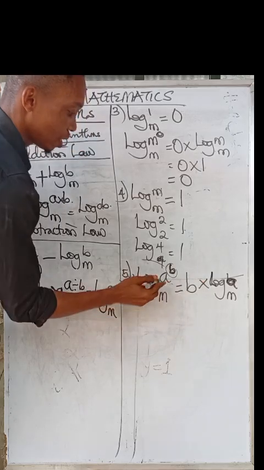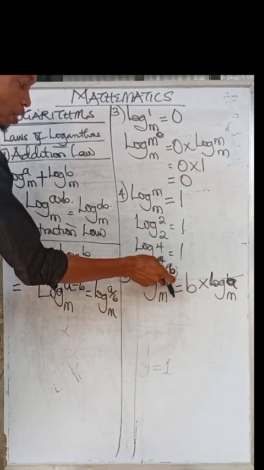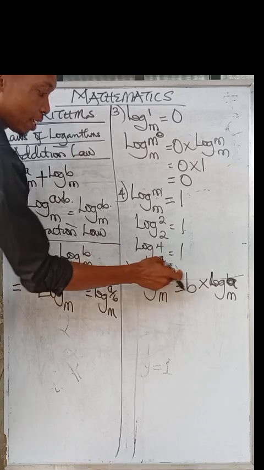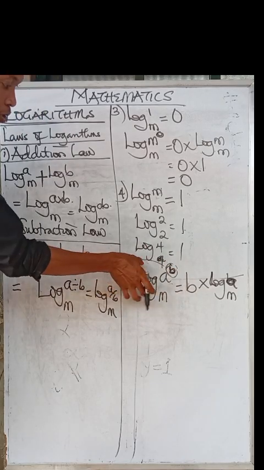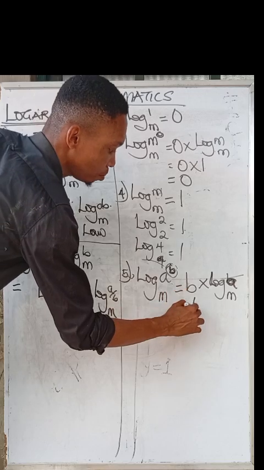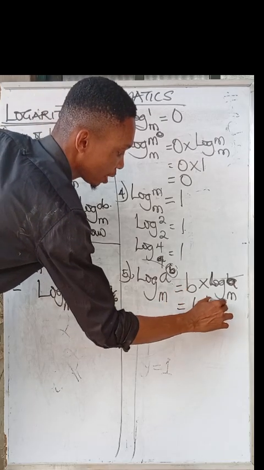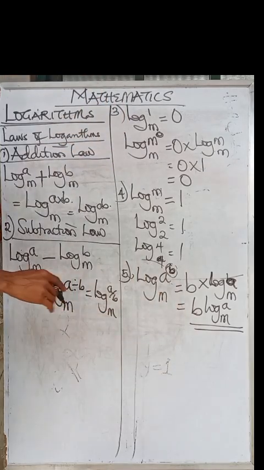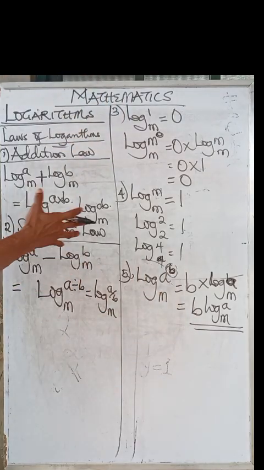So b times the power of that value, we multiply the log itself. So these are automatically five of the laws of logarithm.